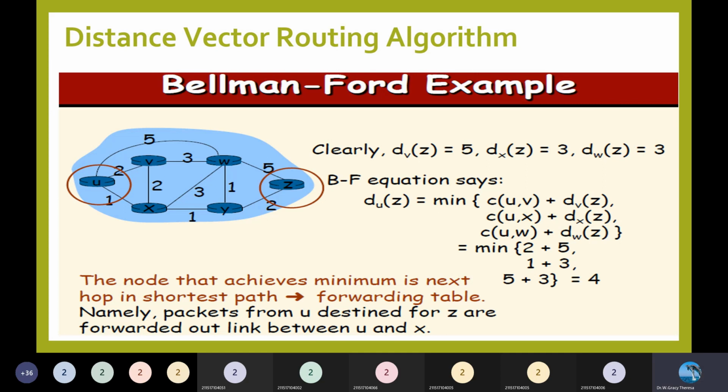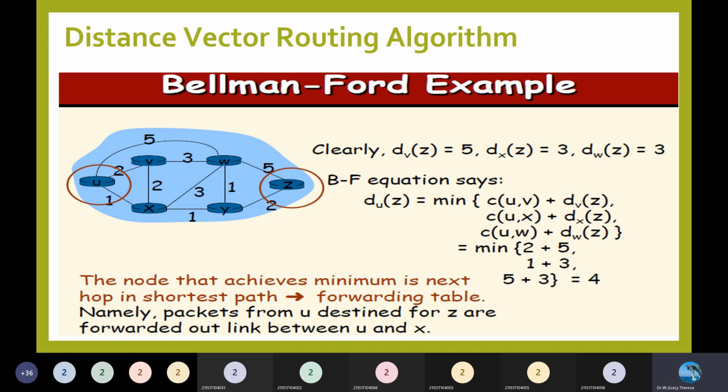Here it has been defined that this is an equation. Assume this is a sample network topology. We have a total of 6 nodes: U, V, X, W, Y, Z. The distance between U and V is 2, V to W is 3, and W to Z is 5.